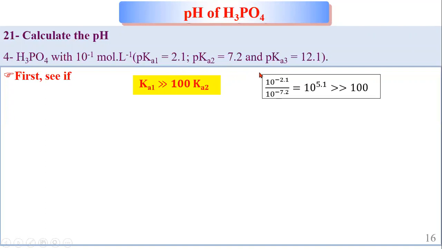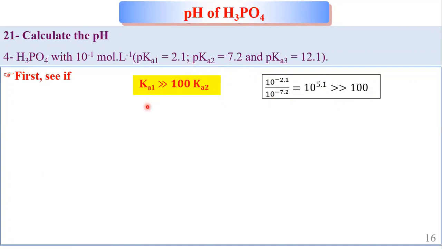Ka2 is 10 to the minus 7.2. And therefore, you divide them by each other, you can actually get an exact number, but you really don't have to. It can be mental. You could always multiply the Ka2 by 100, and you could see that Ka1 is much bigger than that.